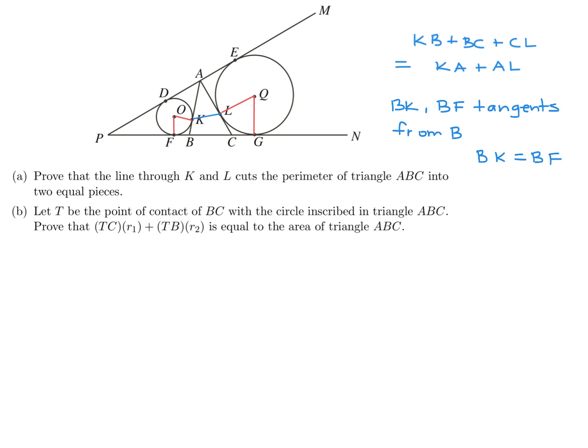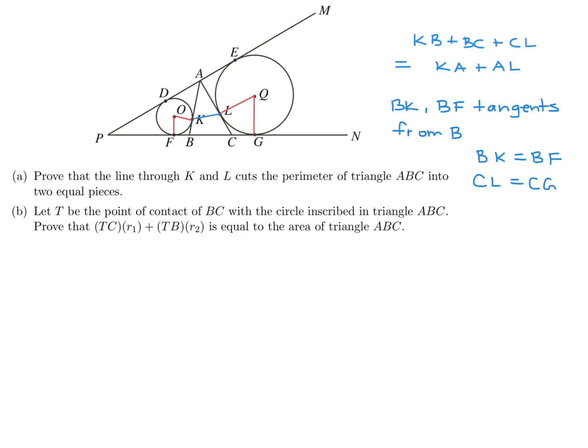And in a very similar way, you can do that again and again. So you can do that over here on this side. That's CL and CG. They're also tangents starting from C. So therefore, they are equal. CL is equal to CG. And then again, you can do that with AK and AD. This is a tangent because K is a tangent point.